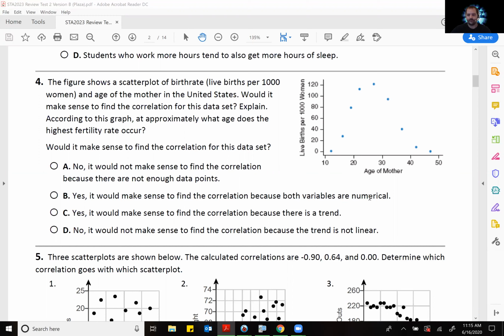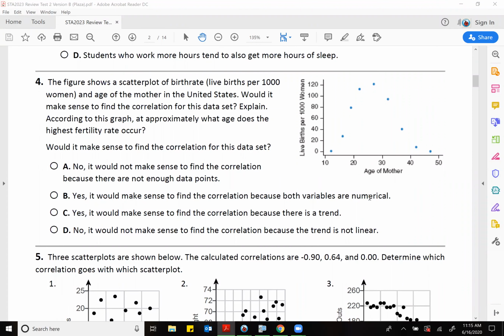So then it would be D. Yes. It would not make sense to find the correlation because the trend is not linear.